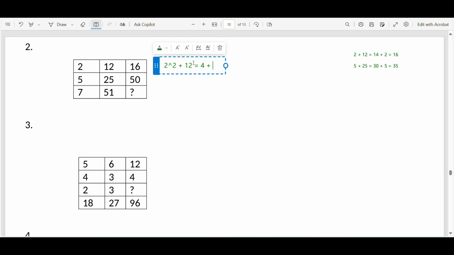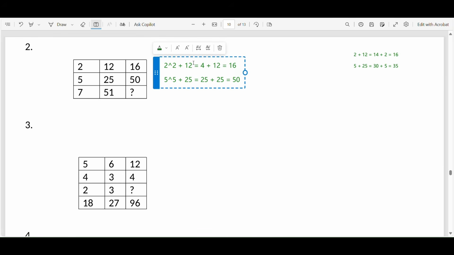It will give you 4 plus 12, which is 16. It is true, right? And next, we are trying 5 power 5 plus 25. It will give you 25 plus 25, which is 50, right?